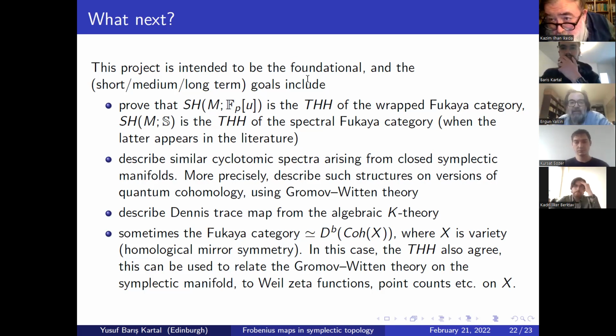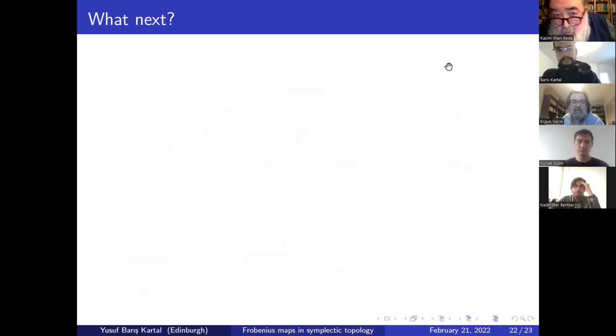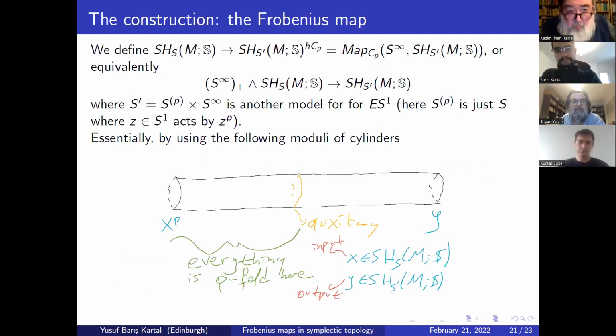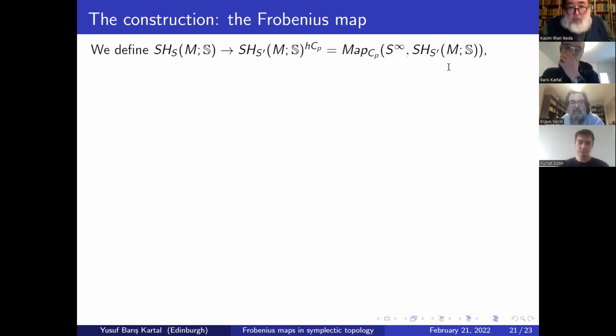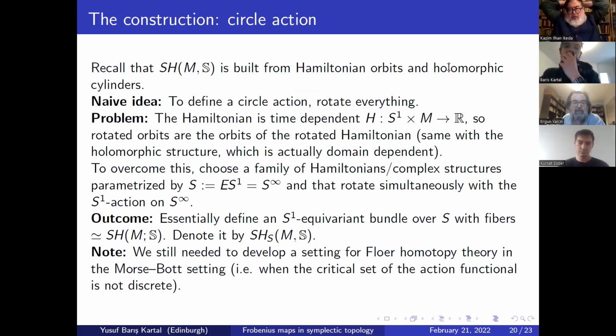Barış, can I ask a question? Sure. On the slide before this, or maybe before that, you construct a bundle over S infinity, an S1 bundle. So that's your construction? This is not something that comes from an action, right?